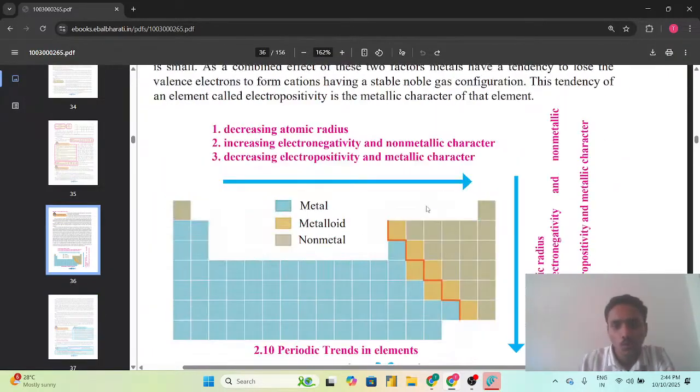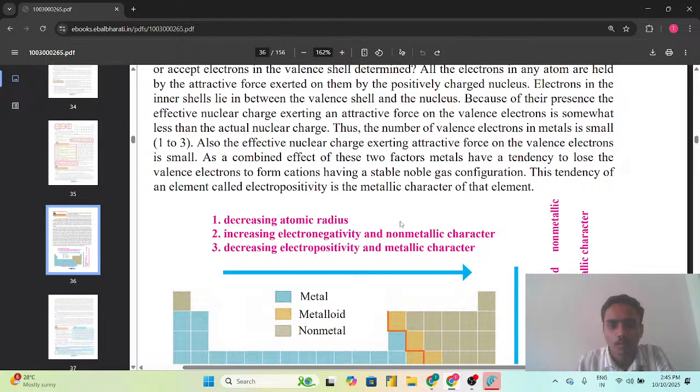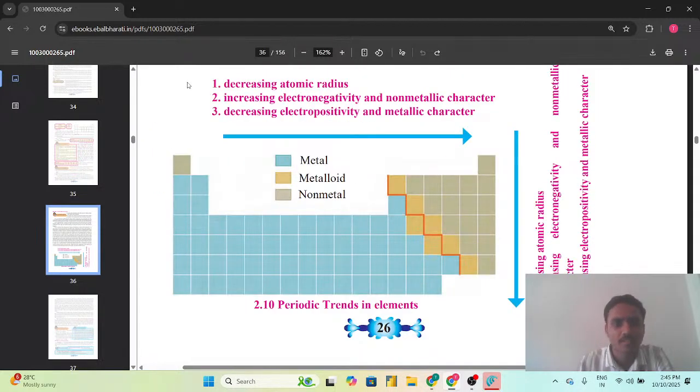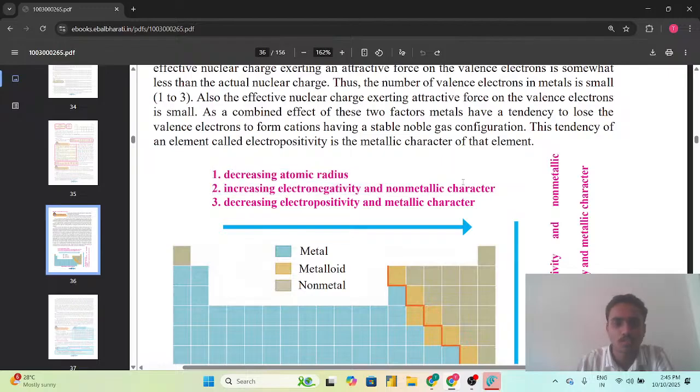So now we will look forward. Here we have given some trends, that decreasing atomic radius, as we have studied all about this in the upper part. This is only the diagrammatic representation which is given here.